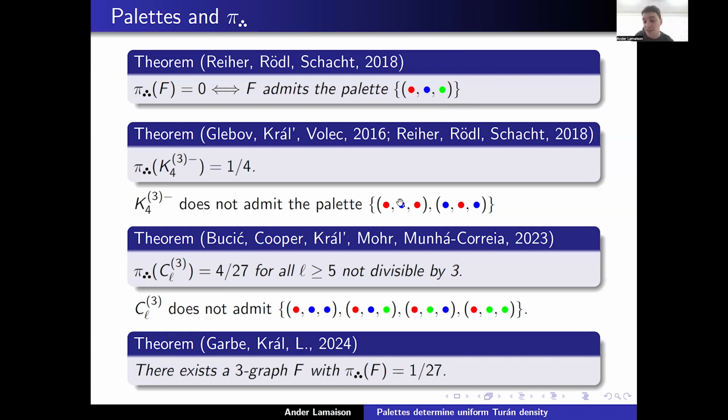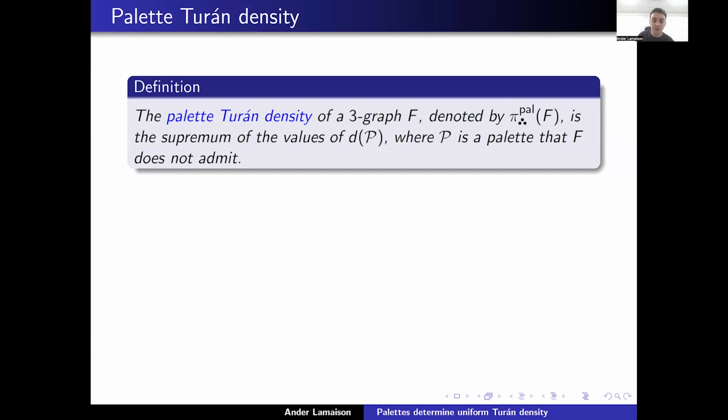And it's not just the exact results that have been found. Also, for all the other hypergraphs that have been looked at, the best known lower bound comes from a palette. So therefore, it makes sense to ask, if we fix some hypergraph F, what is the best lower bound that you can prove just by giving palettes that F does not admit?